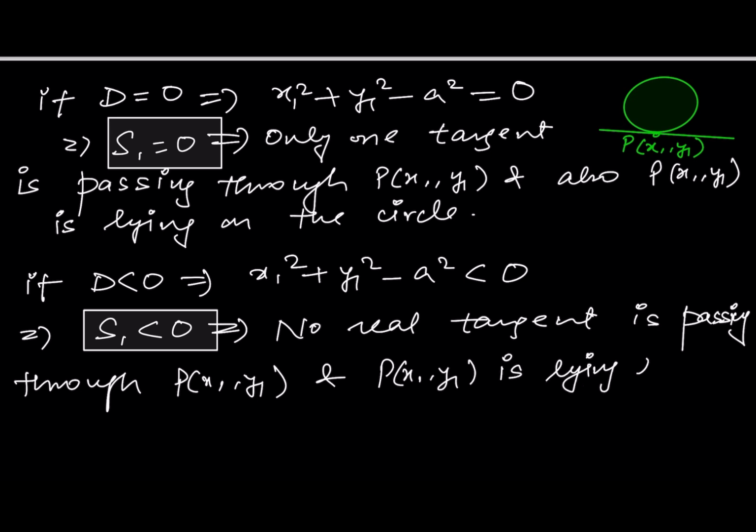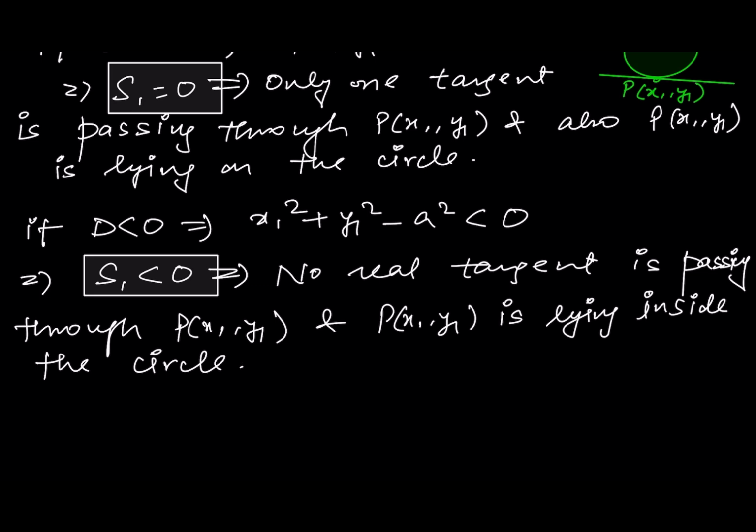So let's say here is point P somewhere inside this circle. If the point is inside, then no real tangent is possible, or the tangents are imaginary.